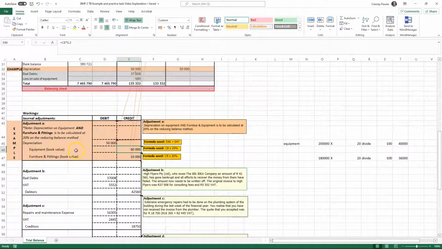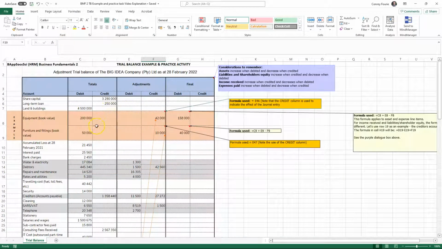So you can see what SACAP have done here is to calculate that equipment depreciation. Their formula says C8 times 0,2. So the C8 is the equipment book value amount of 200,000.